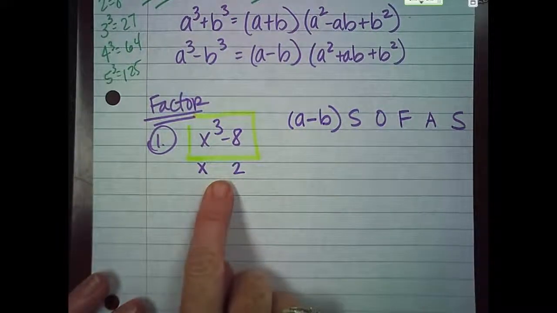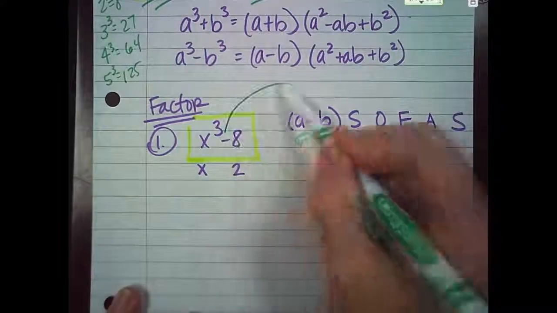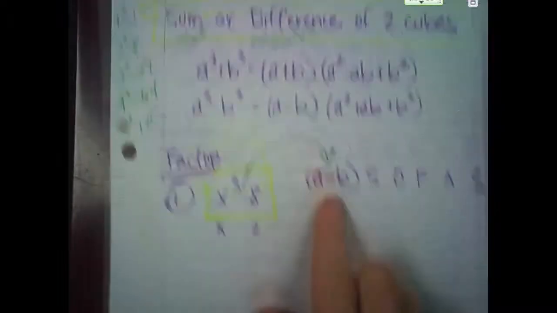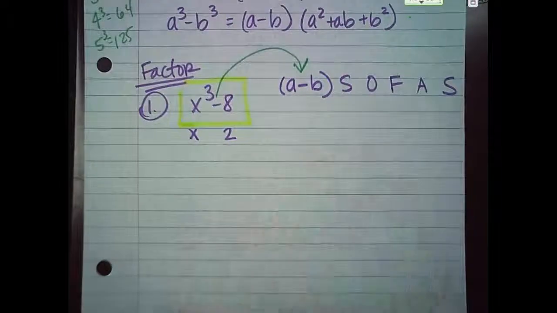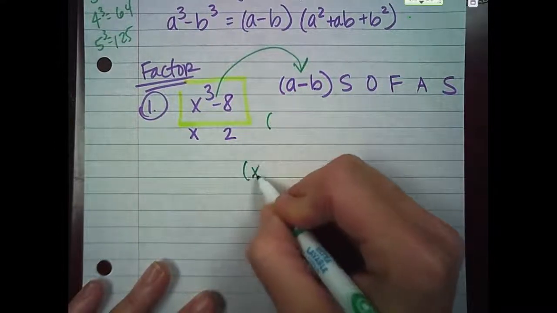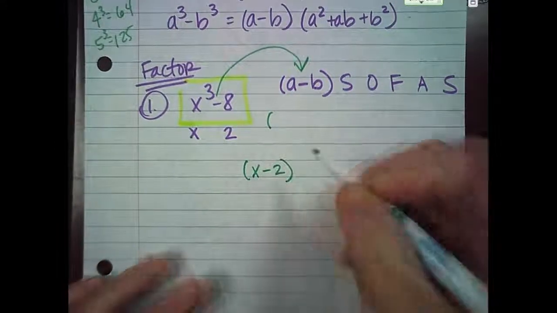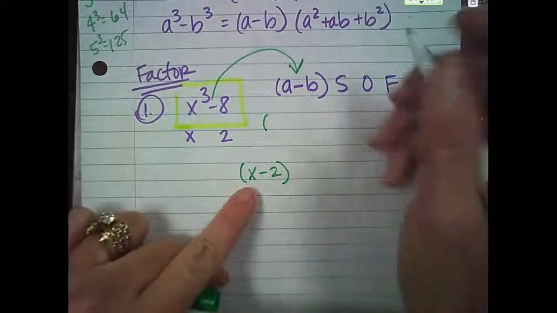Same as before, the x and the 2. It's a minus, because this is a minus. And if you look back up here, plus, plus, minus, minus. So our first step is x minus 2. Now I'm going to tell you what they all stand for. The S stands for square the first term.